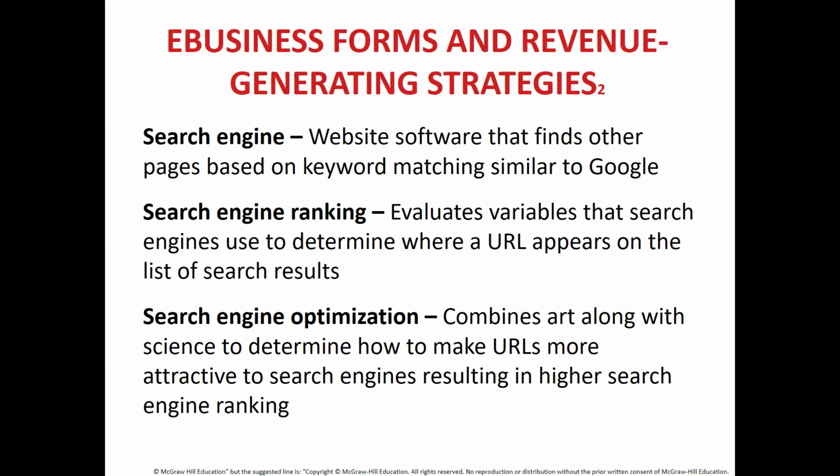Now, if I want to improve the search result of a particular website, I can always go and apply some tactics, and this tactic is called search engine optimization. It combines art along with science to determine how to make URLs more attractive to search engines, resulting in higher search engine ranking. So you apply some form of tactics and try to improve the ranking of a website.